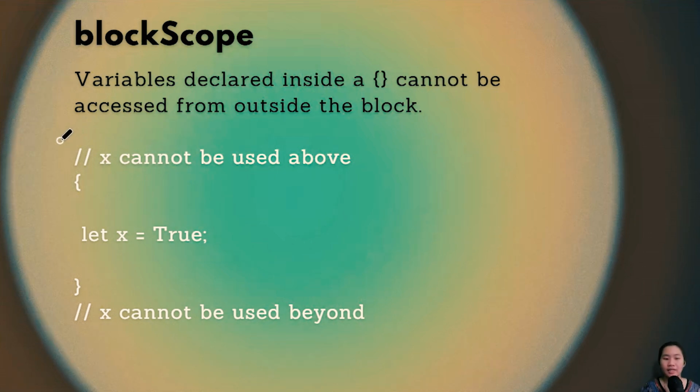Now, x cannot be used here. If you have a function that requires x, that function will probably return an error because it cannot access x. Neither if you put the function down here. All right, so x is only available in this little house that is contained by two curly brackets.